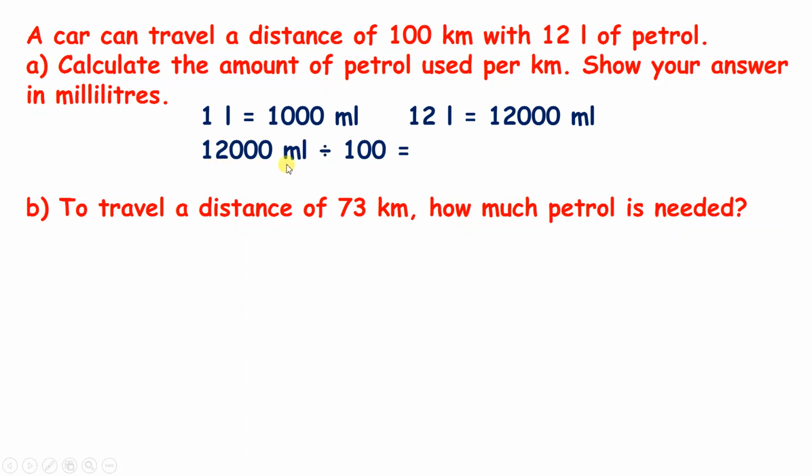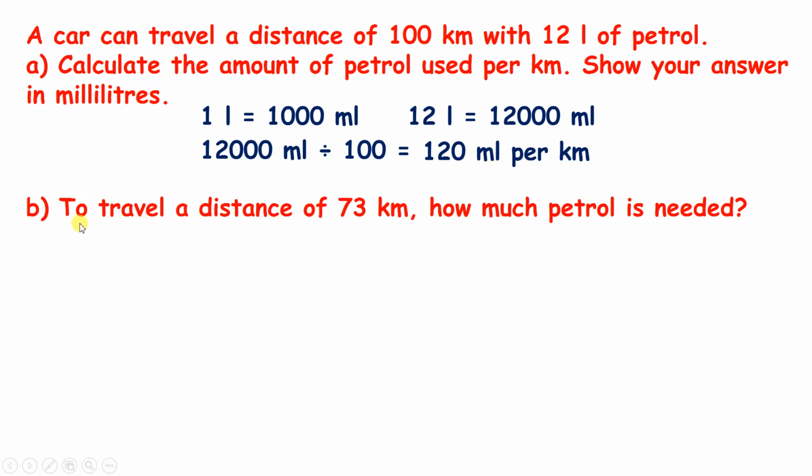Now 12,000 divided by 100 is 120, so we need 120 millilitres to travel 1 kilometre. And so dividing by 100, remember the digits move 2 places to the right on our place value column, and that gives us our answer, 120 millilitres.